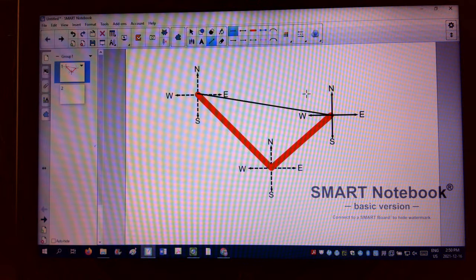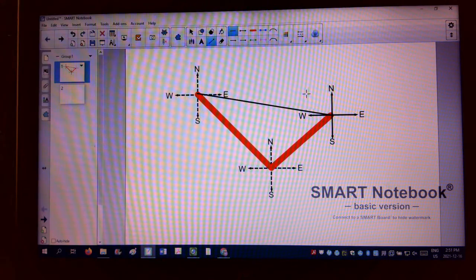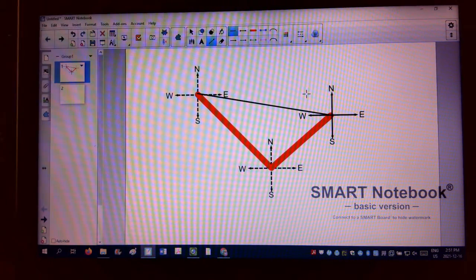So technically, this line is parallel to that line, which is also parallel to this line. The north-south is parallel to this north-south, which is parallel to this north-south line. So keep that in mind as we're doing what we're doing. So there's going to be a little bit of turning back. Okay. All right. So now we can go back to our notes.